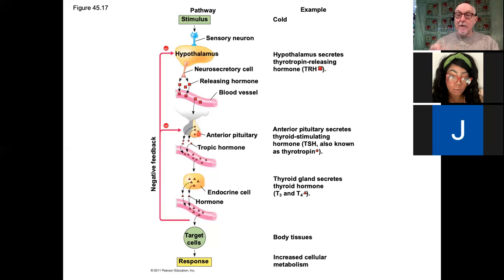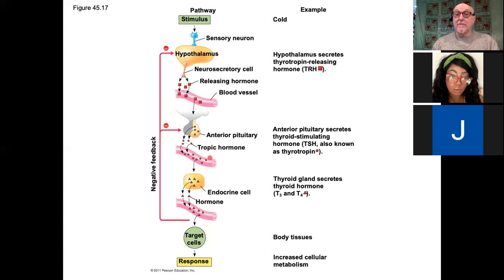And in response, the anterior pituitary now releases thyroid stimulating hormone. So it's releasing another hormone. And this is a tropic hormone, because this hormone is going to travel to the thyroid, and it's going to cause the thyroid, which is another endocrine gland, to release another set of hormones.